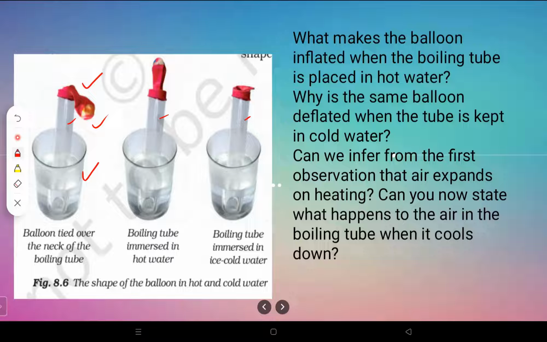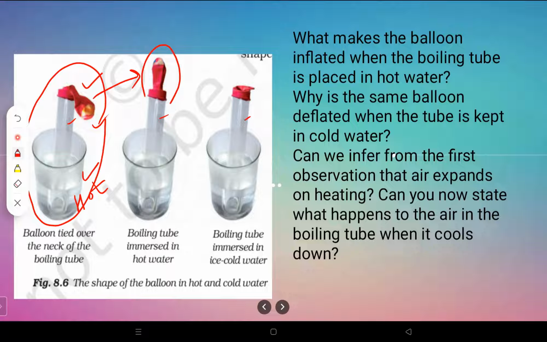First, what will happen? When the balloon is put in the hot water, it got inflated. When you put it into cold water, it will deflate.